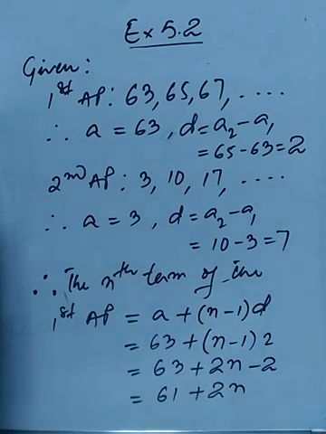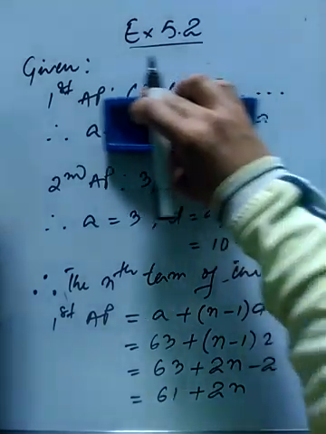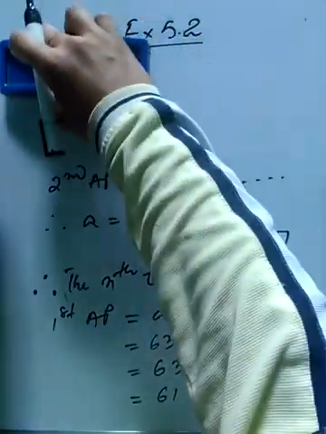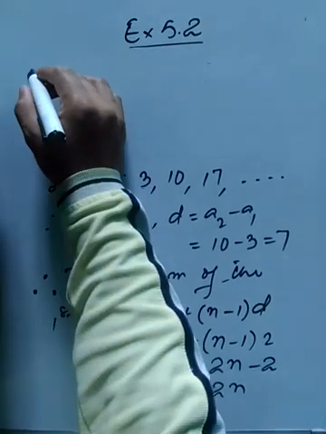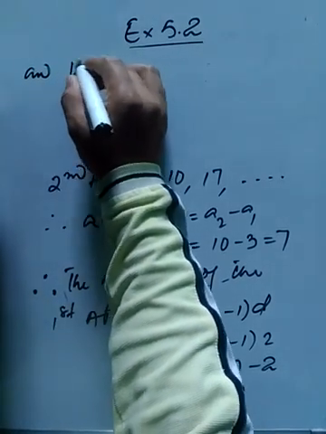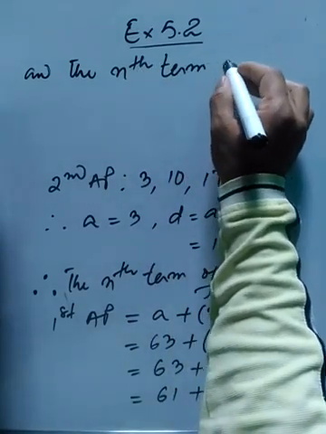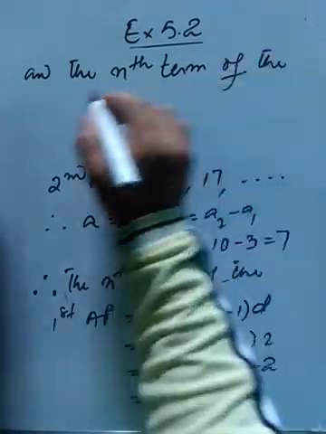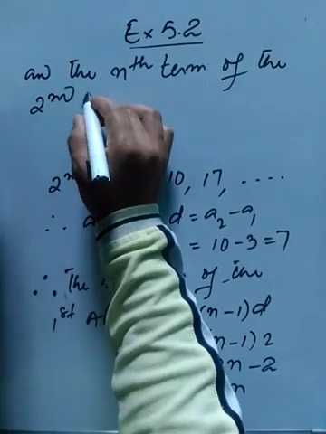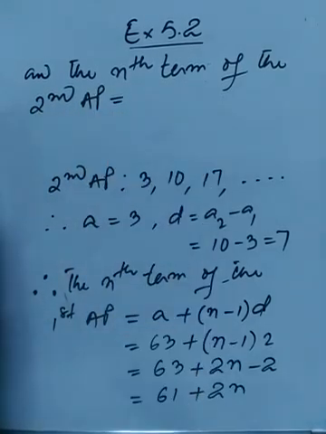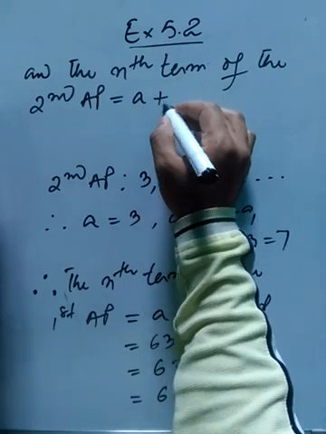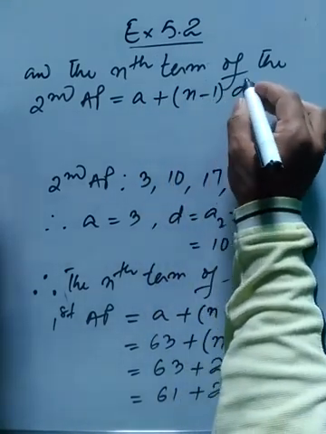Now let us find the nth term for the second AP. Here also the same formula, a plus n minus 1 whole d.